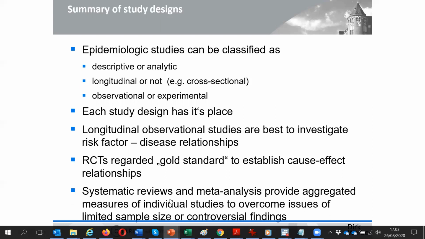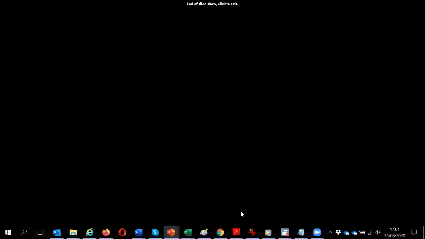In a systematic review, you are just summarizing findings in narrative form. In a meta-analysis, there's an element of data analysis. So you are providing aggregated measures of individual studies to overcome issues of limited sample size or controversial findings. Remember, there's a balance, and we discussed publication bias, where you can have negative studies not being published.